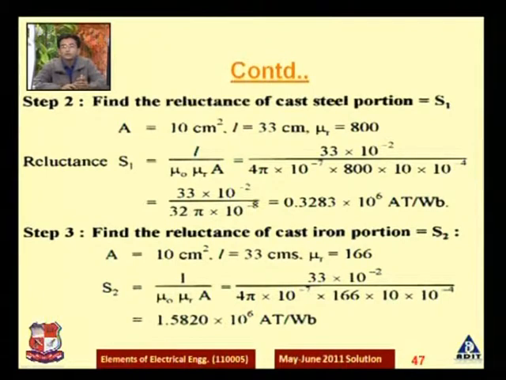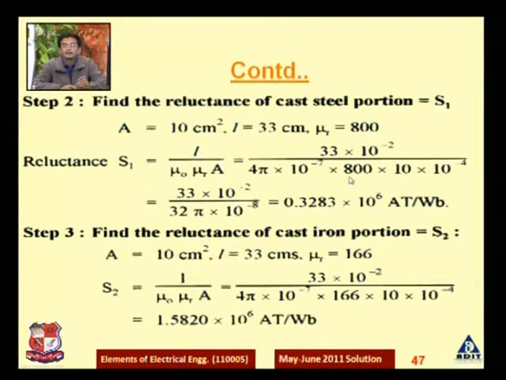After finding this, you can find the reluctance of the different portions. First I will find the reluctance for the cast steel material. I will denote it by S1. You know the formula to find the reluctance: S is equal to L divided by mu 0 mu R into A. What is mu 0? It is 4 pi into 10 raised to minus 7. And what is mu R1? You are given the mu R1 value.